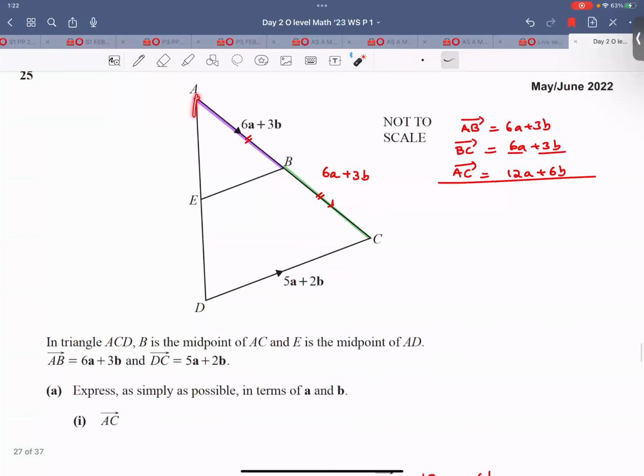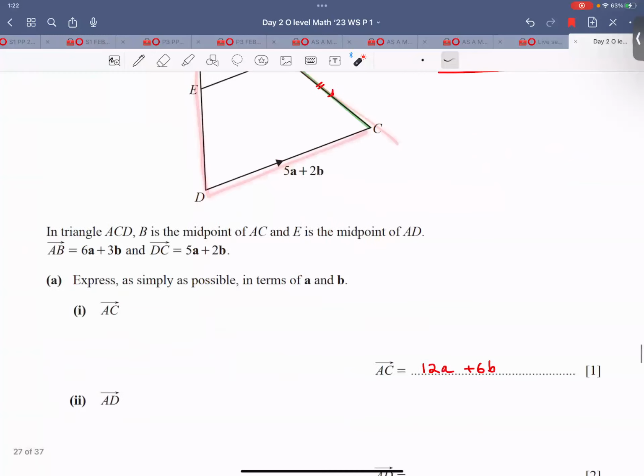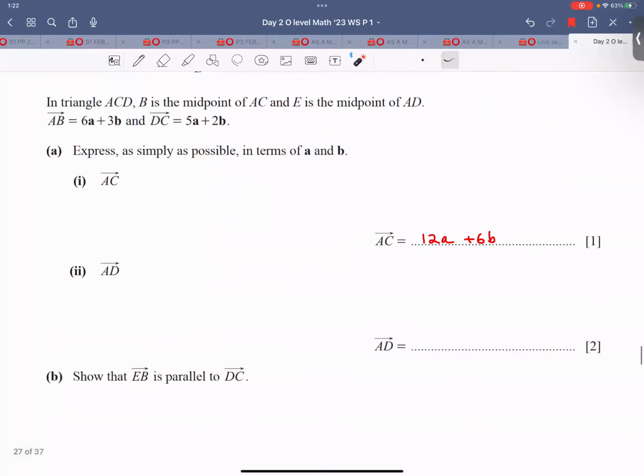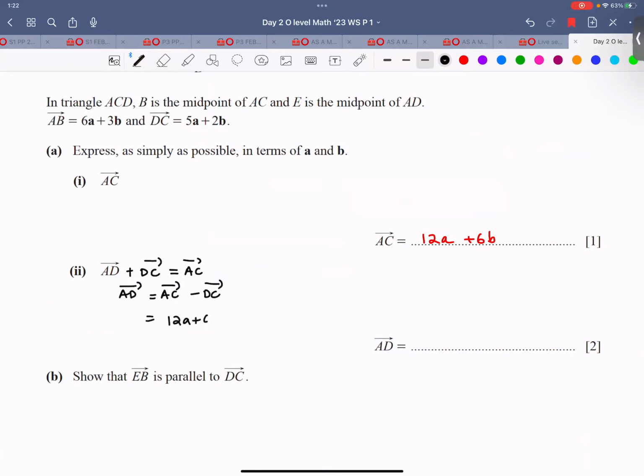AD plus DC is equal to AC. Therefore, if I make AD the subject, that is AC minus DC. What is AC? That's 12a plus 6b. And what is DC? That is 5a plus 2b. So 12 minus 5, that is 7a, and 6 minus 2, that is 4b. That is AD. Now this thing is completed.